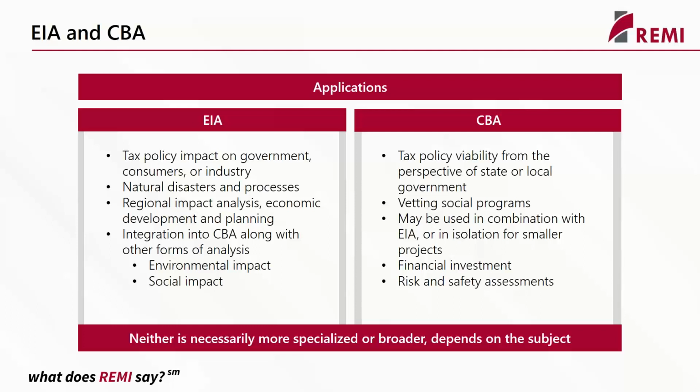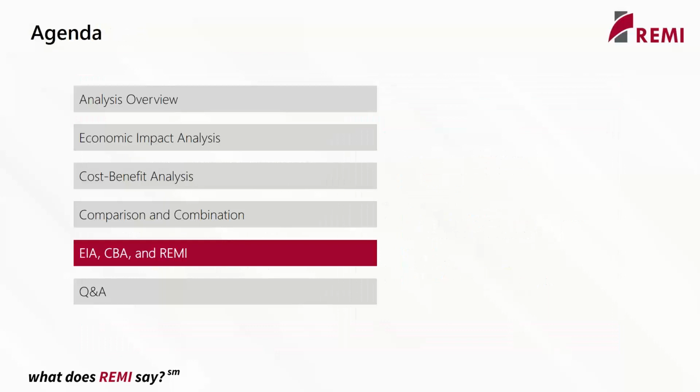Meanwhile, with cost-benefit analysis, I might have a number of different factors that are then distilled into explicit dollar values, that net present value. So there's a great amount of overlap, great amount of coordination and combination. And to that effect, I'll be showing a quick example of how REMI has been used to conduct an economic impact analysis and a cost benefit analysis.